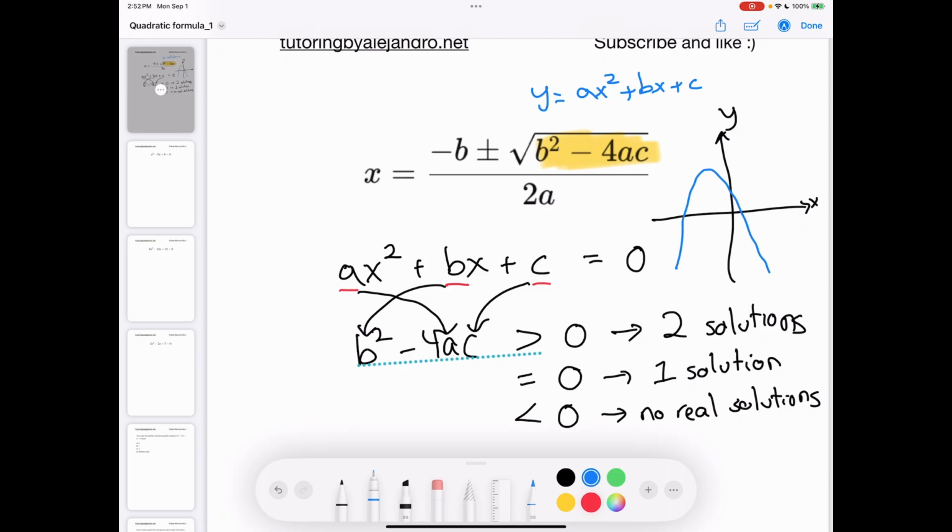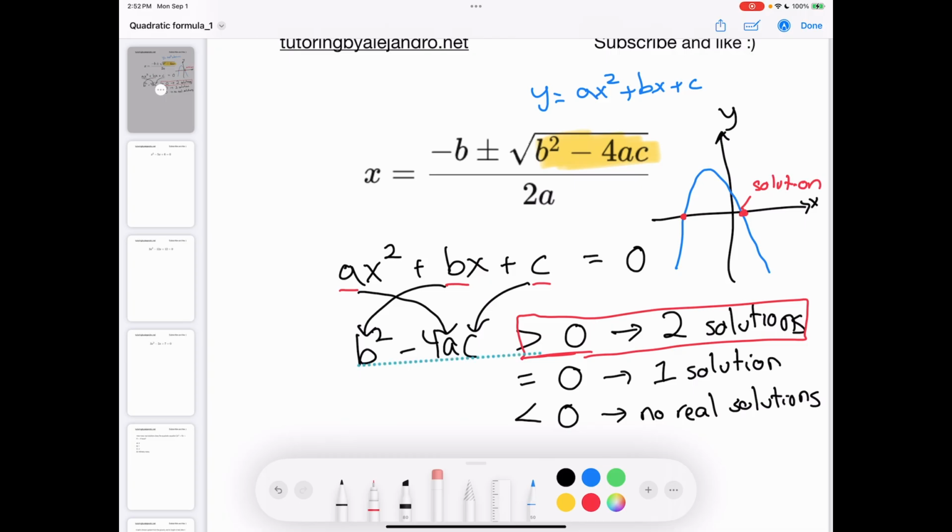And every point where that function touches the x-axis is a solution, okay? So in the graph I just drew, that would be our first case where the discriminant is greater than 0, because there are 2 solutions. It's touching the x-axis in 2 points, right?